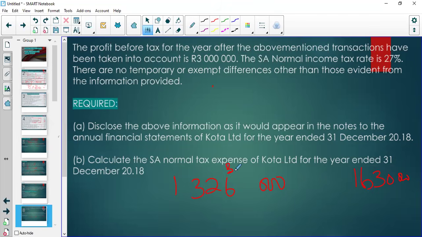This was bought 30 June. This was bought 1 January. And depreciation is 5 years, which is 20%.